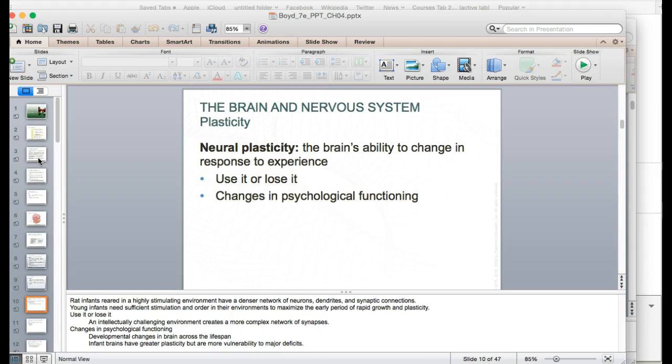If something traumatic happens to an adult, it takes a little bit longer to heal and recover from the injury or the experience or the trauma or whatever it may be, in comparison to a child. So this neuroplasticity speaks to that component of brain development.